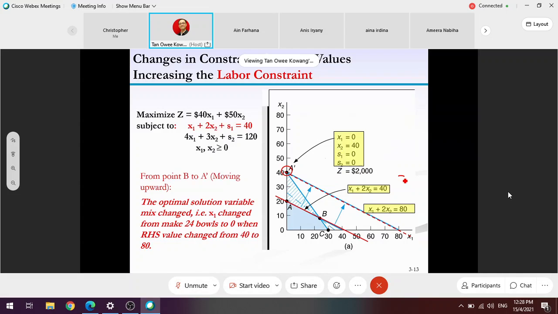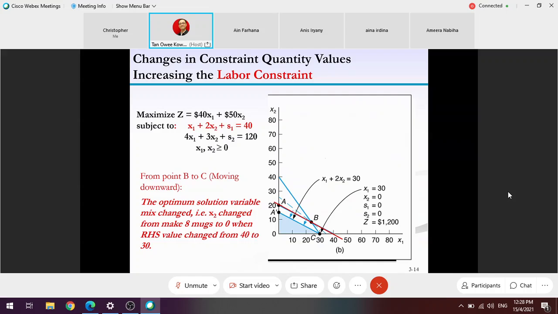Instead of producing two products, at point A the solution proposes only producing Mark, and not producing any Bowl. So what is the implication? The same thing happens if I move the constraint line downwards: there will be a point where the solution mix changes from producing two products to one product.